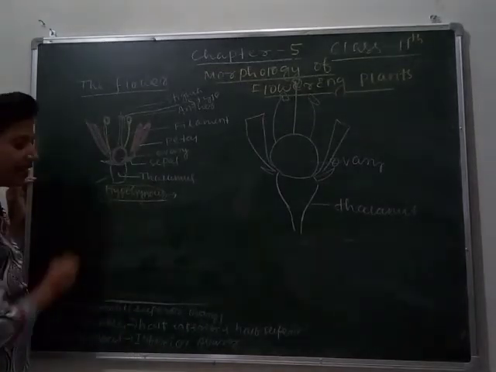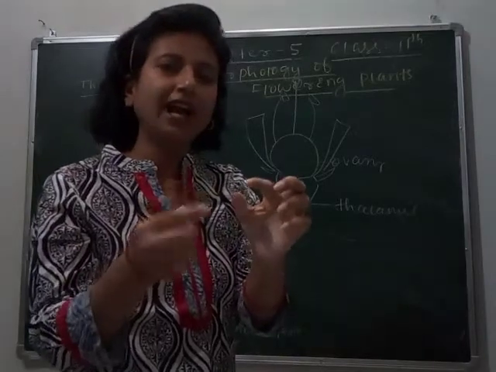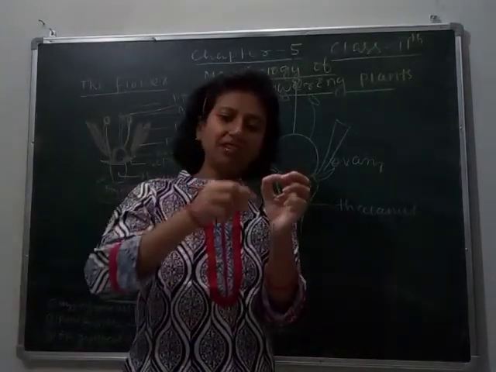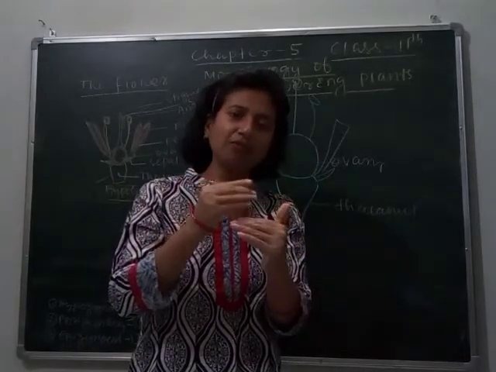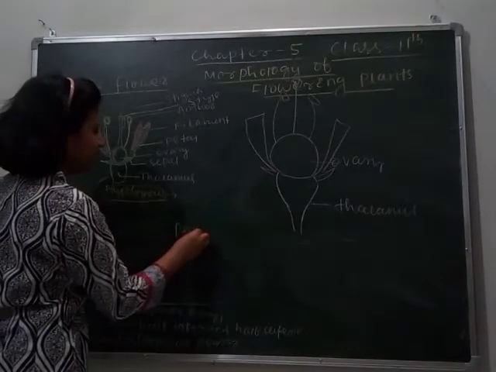Next is perigynous. Perigynous means when the ovary is situated in the middle and the floral appendages come some from above and some from below. Here the position of ovary is half inferior and half superior.